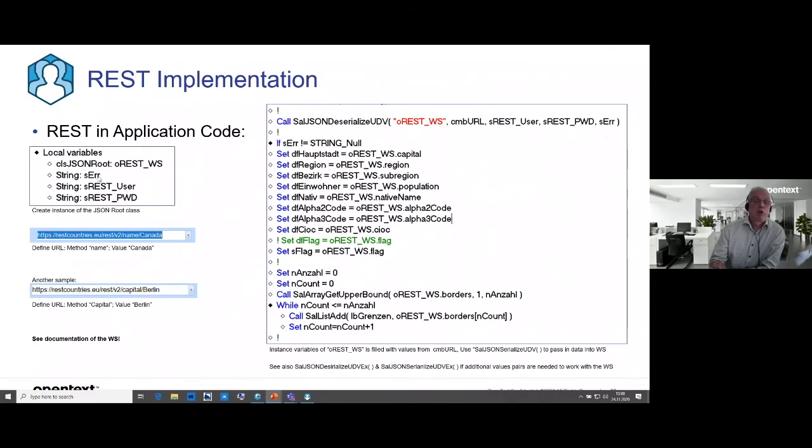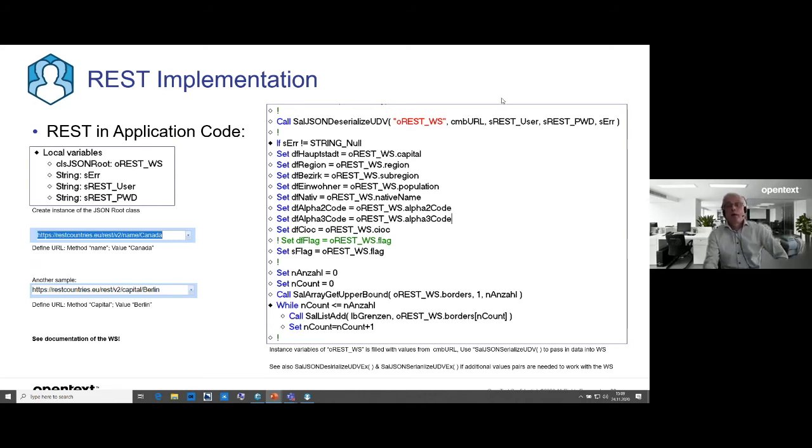I have my error, because my serialize and deserialize function needs this error information as a receive string, and maybe I have to pass in the user and a password because it may be protected. We also have a SAL JSON deserialize UDV with some additional parameters, like two arrays, to pass in additional information to the web service if it needs more, like authentication or special nodes. So it can be passed in with different additional parameters.